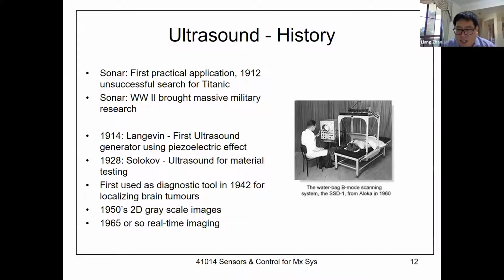We call it B ultrasound, or B images, right? And in 1965, we could get real-time ultrasound images already. So it developed a lot, and it's most commonly used in the medical area as a non-invasive method.